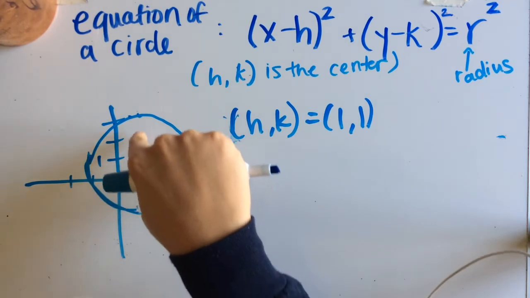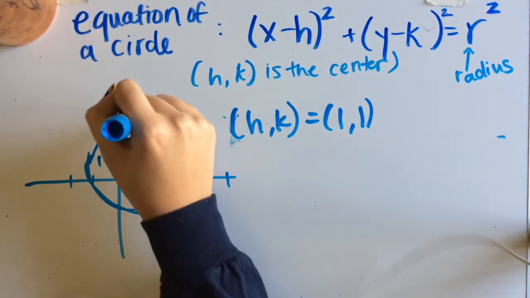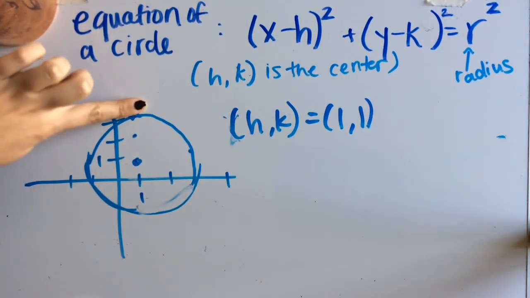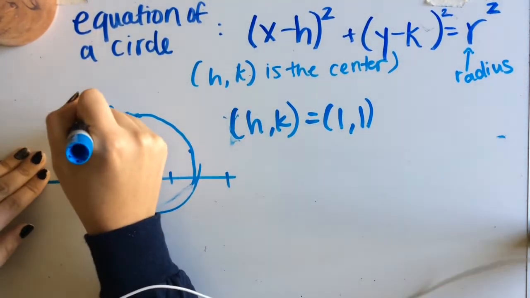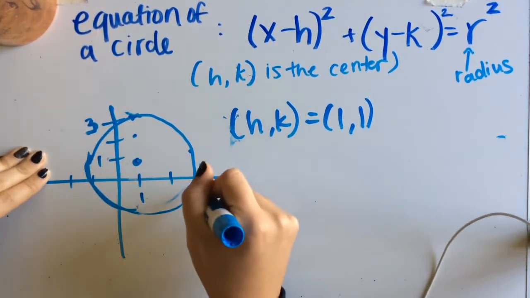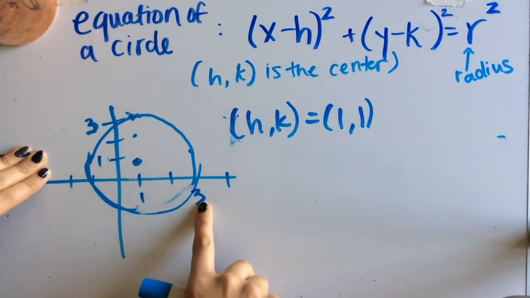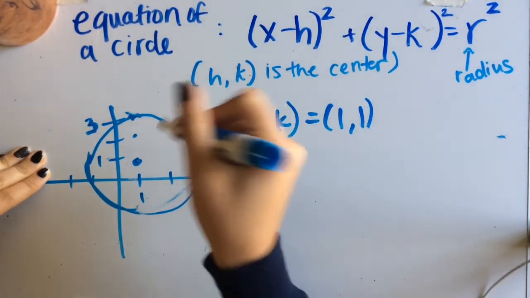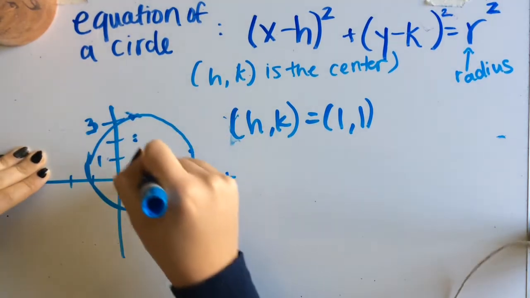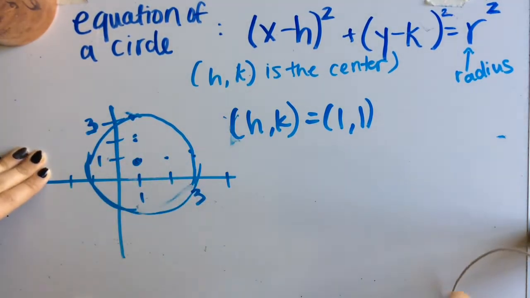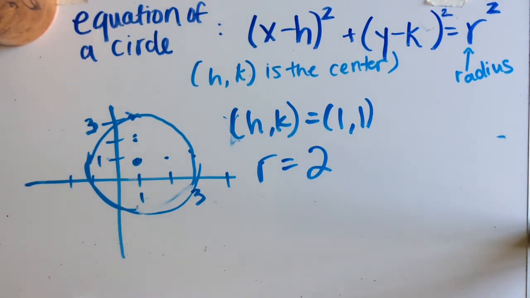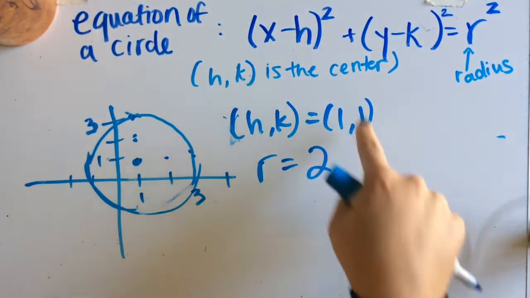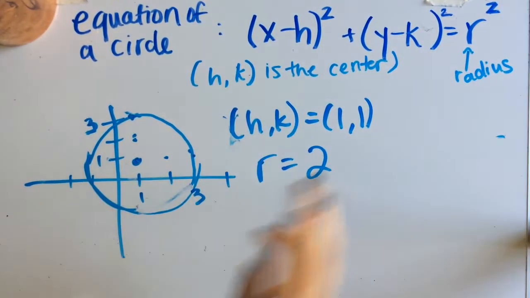The circle goes up 2, with the edge at 3 on my y-axis and 3 on my x-axis. So it goes up 2 and over 2, which means my radius is 2. Then you plug those values into the equation: 1 for h, 1 for k, and 2 for r.